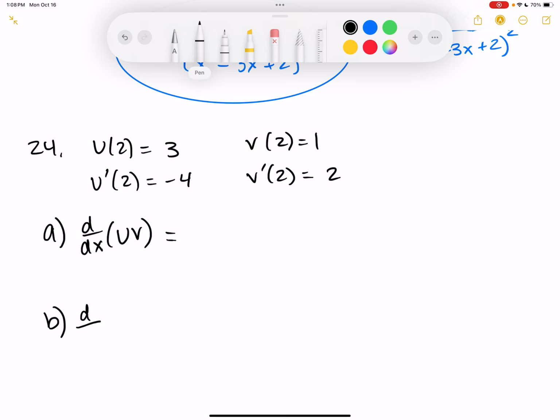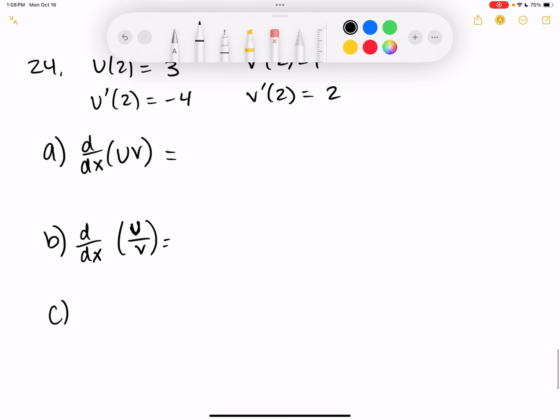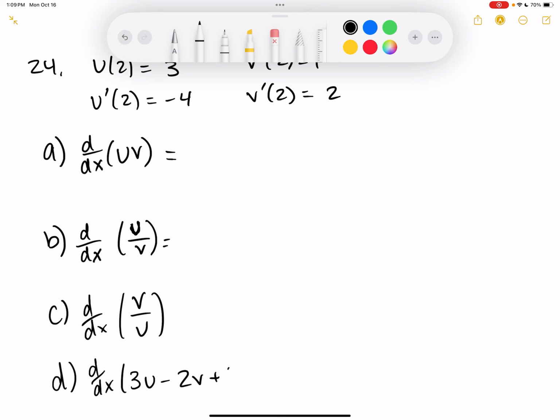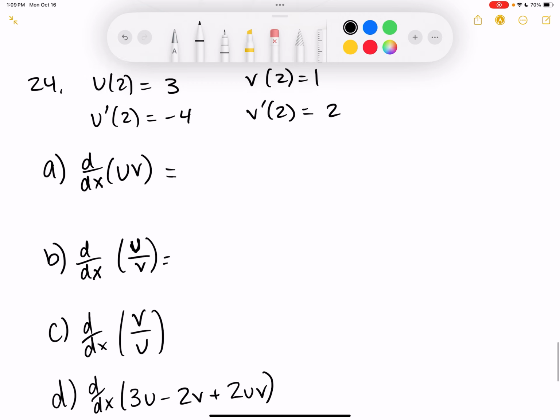For the quotient, d dx of u over v, C is d dx of v over u, and d is d dx of 3u minus 2v plus 2uv. That one you're going to need a couple lines for potentially, but I'll just write that when we get to it.